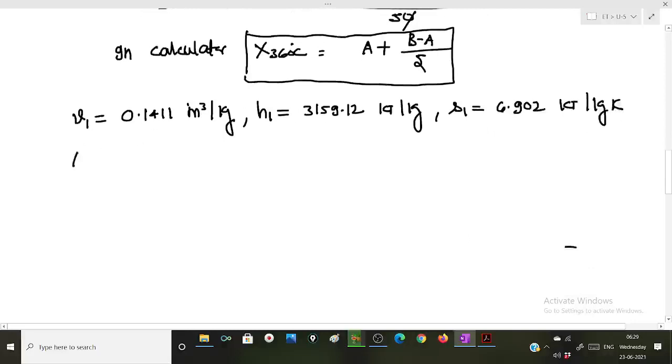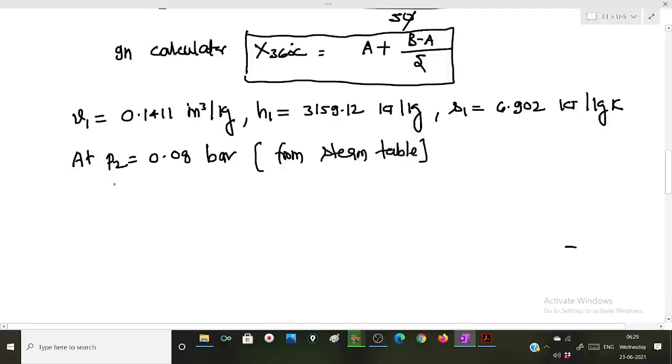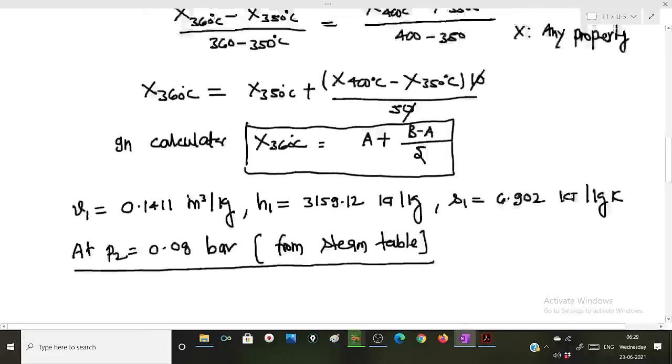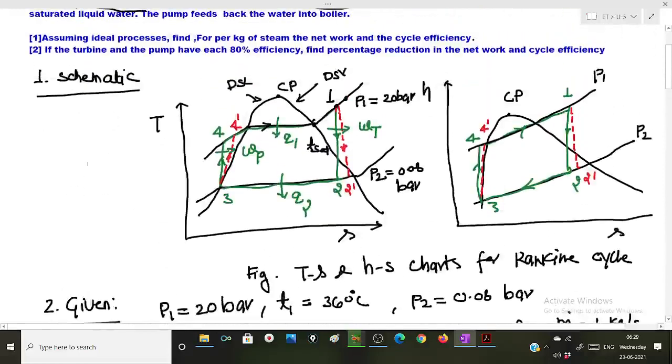So at P2 equal to 0.08 bar, once again from the steam table, I will require different values like v3, h3, s3, vfg, sfg at a pressure of 0.08 bar. Okay.